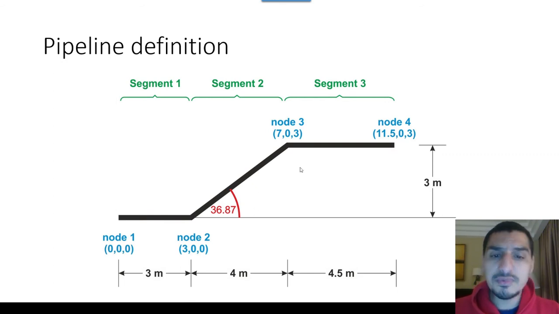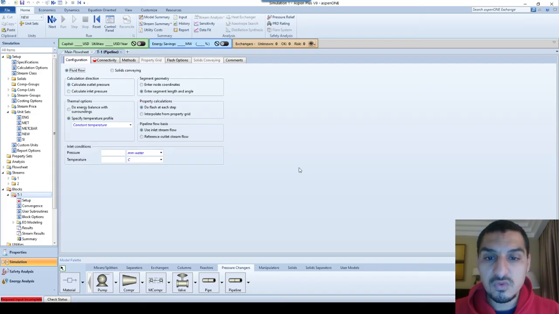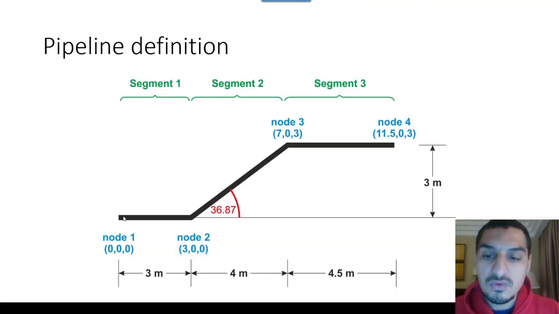To be able to define the pipeline, you need to define it in one of two ways. And this is what is mentioned here. You will either enter node coordinates or enter segment length and angle. So this is the segment geometry. You can do the coordinates, and by the coordinates I mean the x, y, and z coordinates.